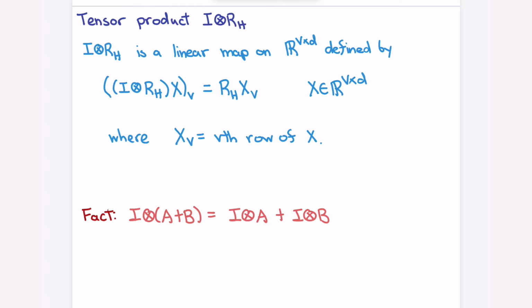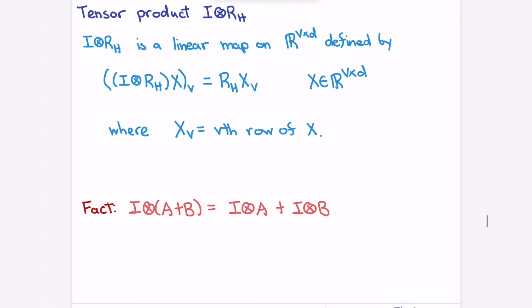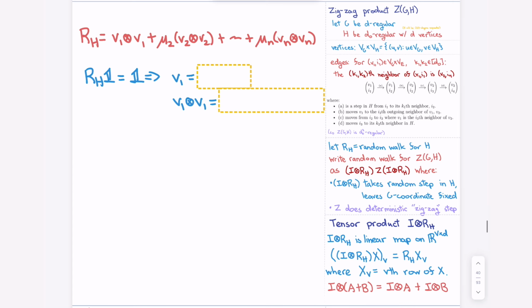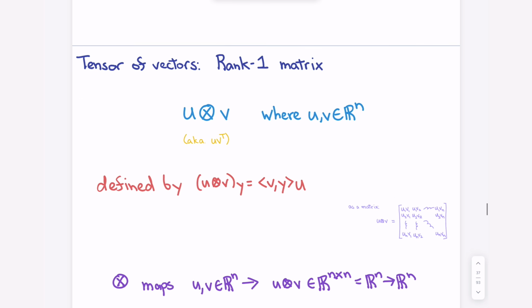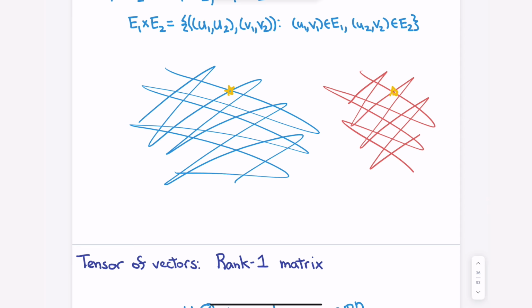Maybe I should mention that if you have two graphs, this probably deserved a slide, and their random walk matrices are RG1 and RG2, the random walk matrix for the combination is going to be RG1 tensor RG2.